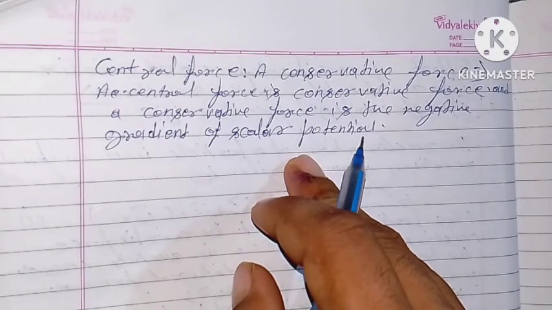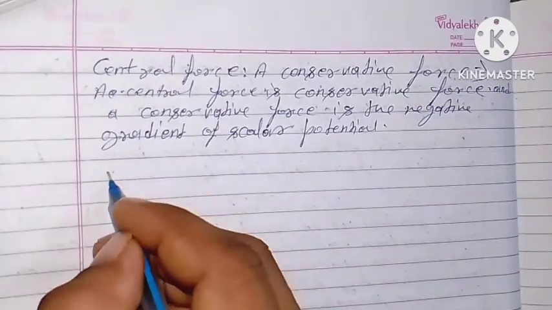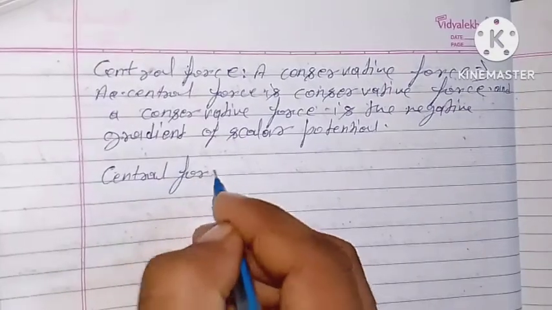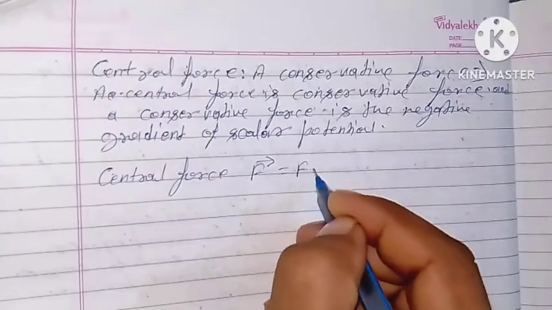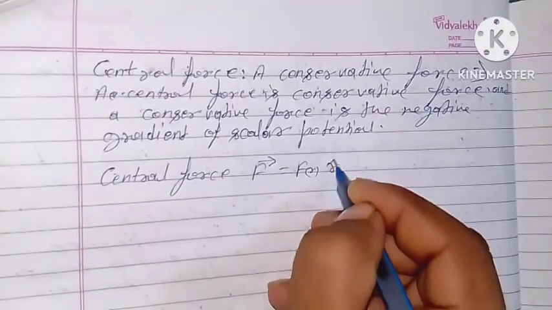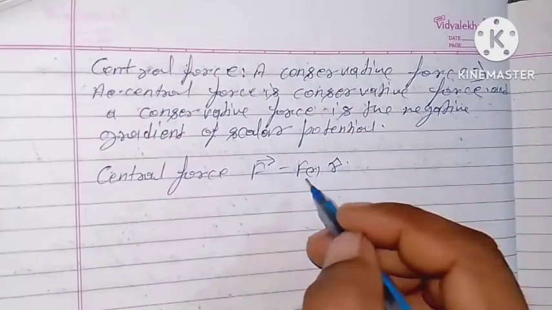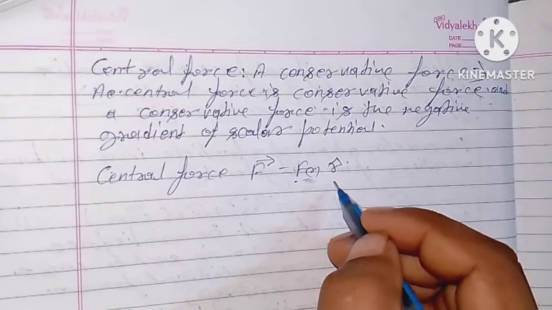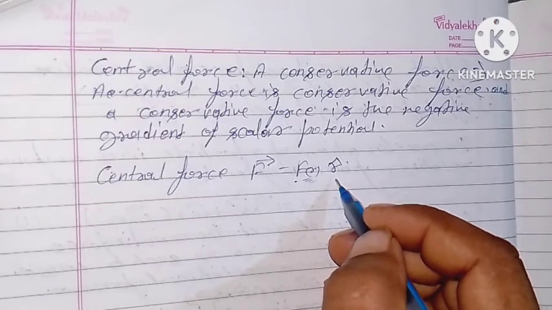It is proved as under. A central force is represented as vector F equal to F(r) times unit vector r cap, where F(r) is a function of r only, and r cap is the unit vector along vector r.